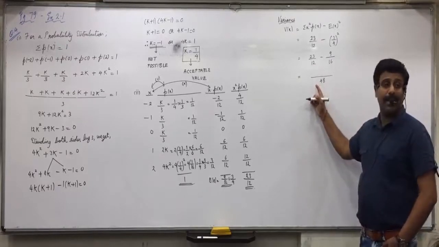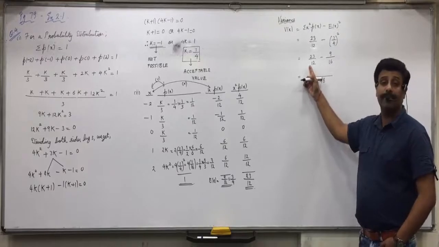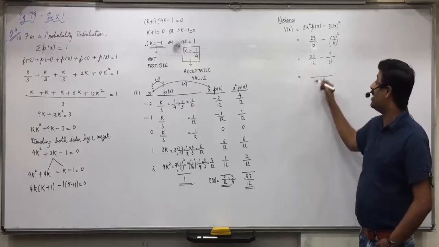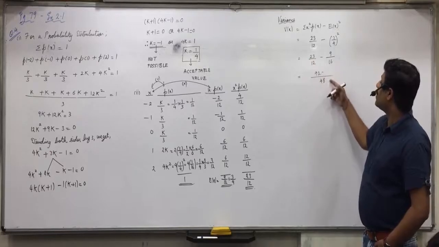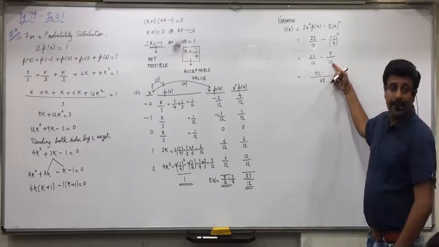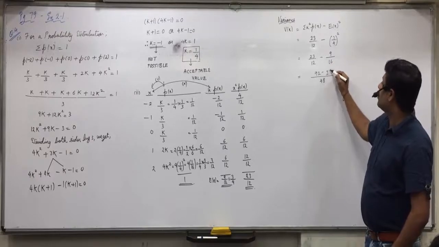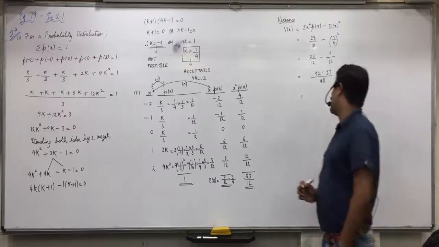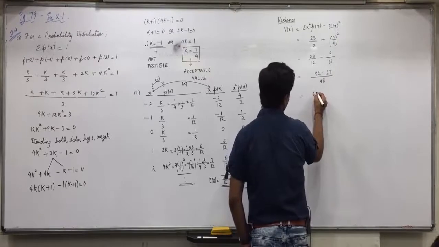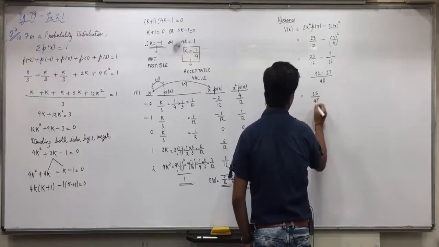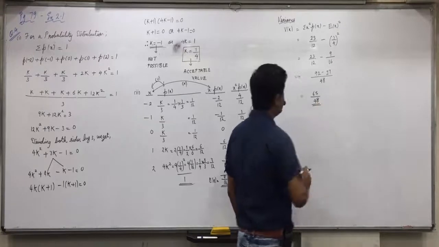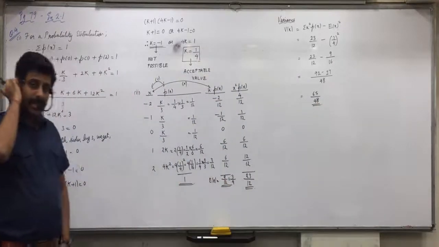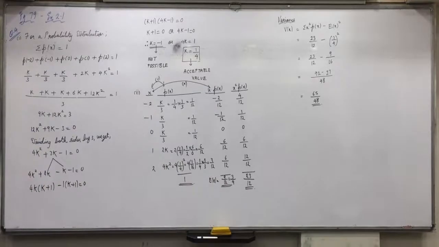Now I have told you this method earlier also. 48 divided by 12, 4. 4 into 23, 92. 48 divided by 16, 3 into 9, 27. 92 minus 27 is 65 by 48. It cannot be further simplified. Did you understand this? This is the variance. So, question is very small, but solution is very long.